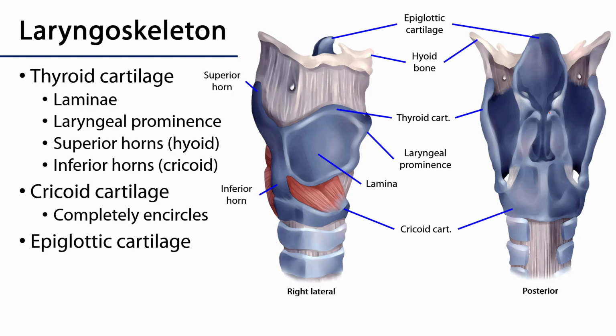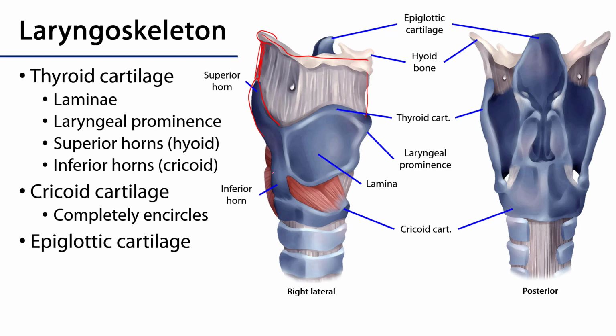Let's start with the thyroid cartilage. Recall the thyroid cartilage is suspended from the hyoid bone here by this thyrohyoid membrane. And the thyroid cartilage has superior horns. Those superior horns are going to be able to connect via thickenings of that thyrohyoid membrane to the greater horns or cornua of the hyoid bone.